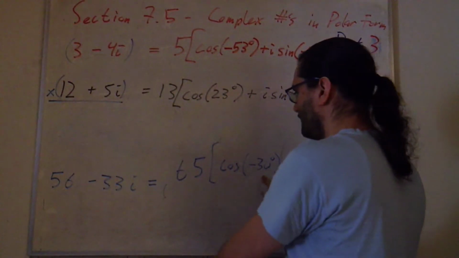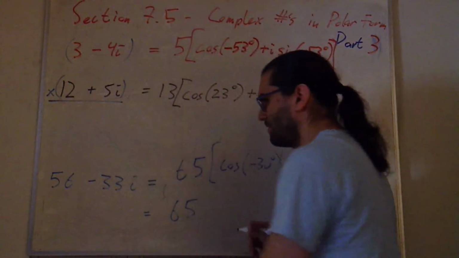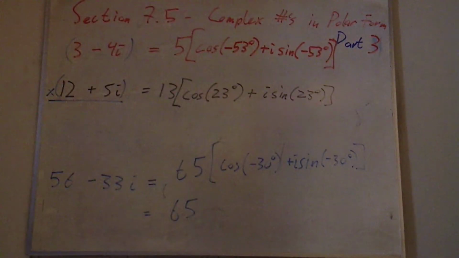The cosine of negative 30 degrees is about square root of 3 over 2. So let me get a decimal approximation for that. About 0.866.